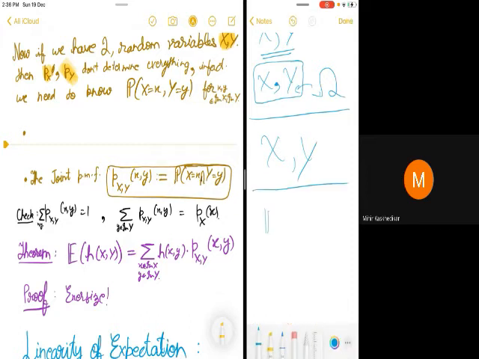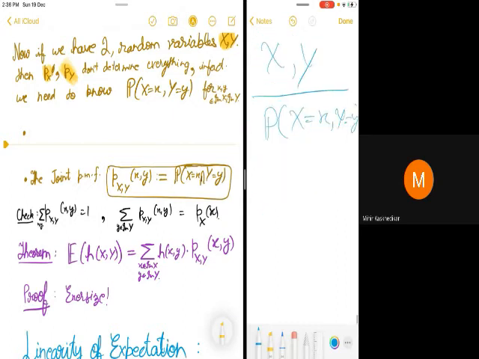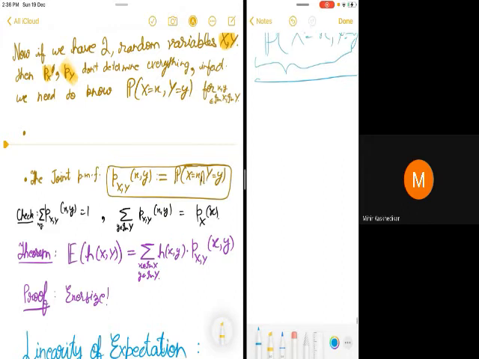You cannot tell me the probability that X is small x and Y is small y, because we don't know how they actually interact. But if we know this probability, then we will know everything regarding the values of x and y which they take simultaneously.